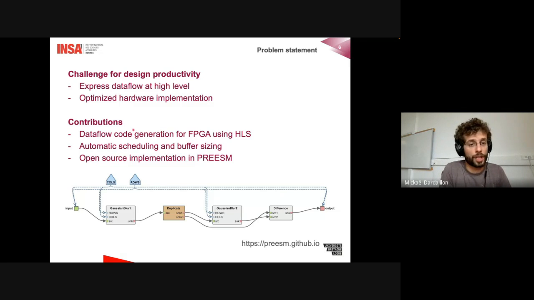So the contribution that we propose here is a Dataflow code generation for FPGA using high-level synthesis, using the Prism tool, which is developed in our team, and automatic scheduling and buffer sizing, which is very important because that's one of the main challenges today for people, even if they are willing to write a Dataflow pipeline implementation for FPGAs and need to do this buffer sizing. It's a real challenge. And we propose everything as an open source implementation in Prism.